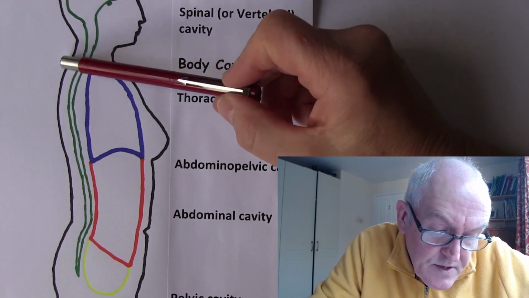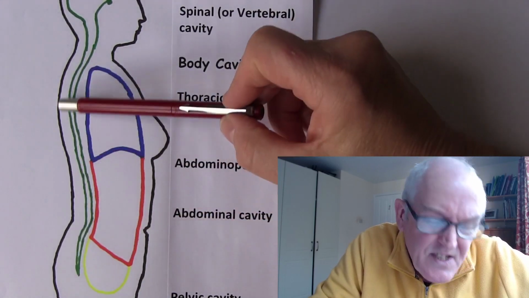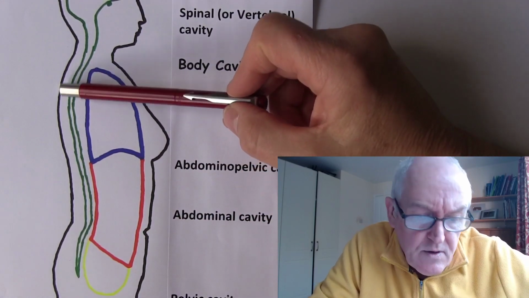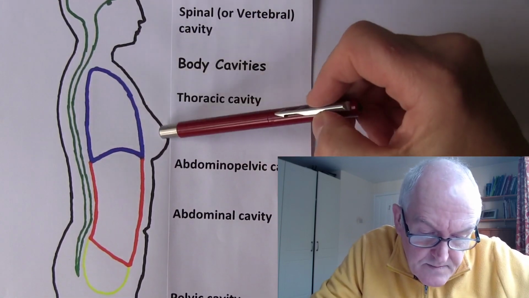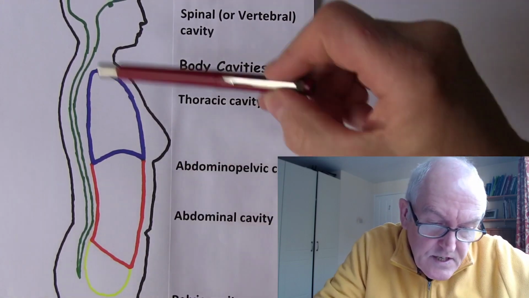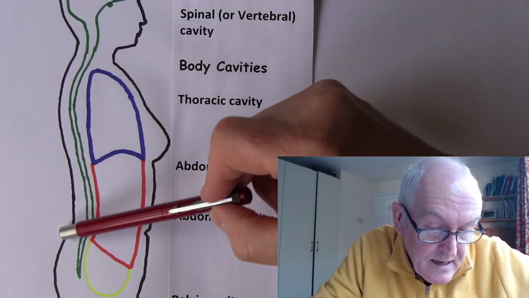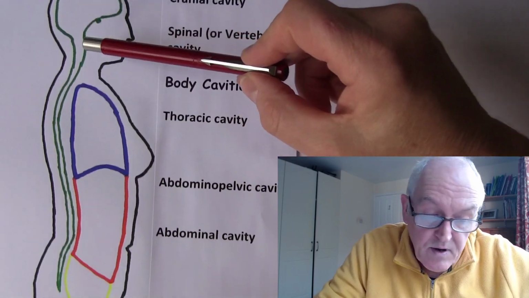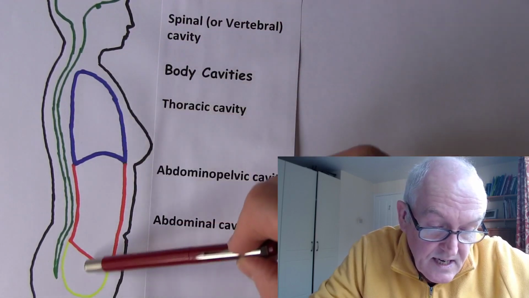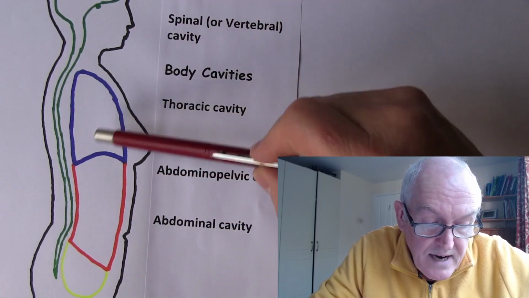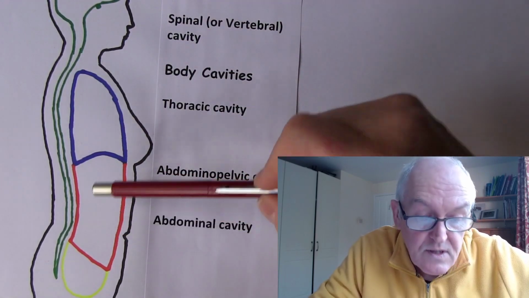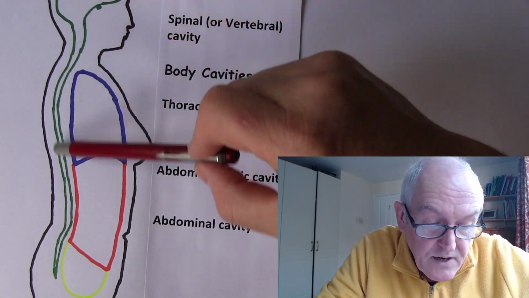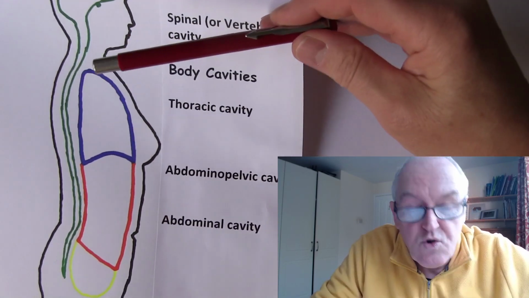And this surface of the body is posterior, and that's known as the dorsal surface of the body. So this is ventral, this is dorsal at the back. So these are known as the dorsal cavities as opposed to the ventral cavities at the front. So thorax, abdominopelvic, ventral, cranial, spinal cavity, dorsal.